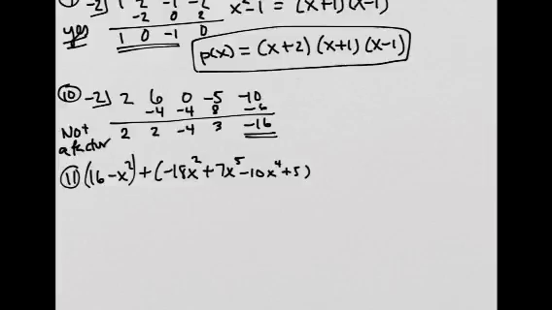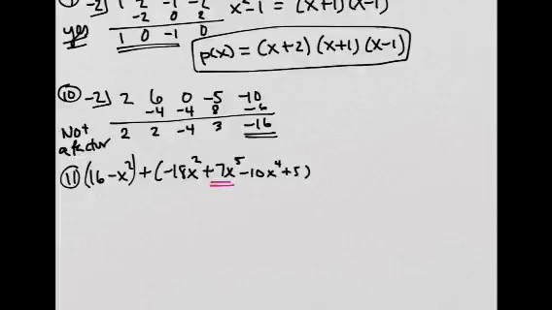Okay, so for number 11, we are going to add and then write it in standard form, give the degree, the number of terms, and the leading coefficient. So I start off by looking for the highest degree. In this problem, it's this one, and there's nothing to combine it with.